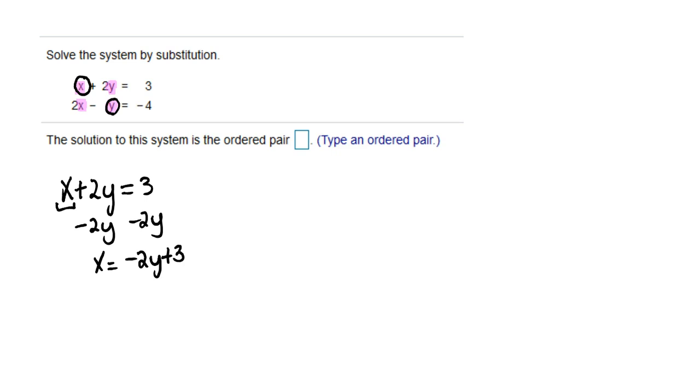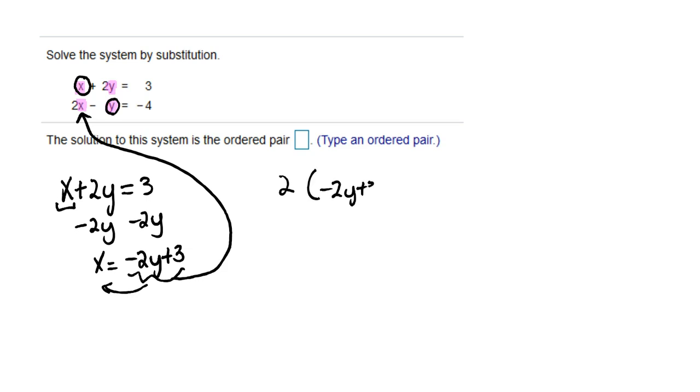Here's where the substitution comes in. This is equal to x, right? So I'm going to put this in for x in the other equation. So that gives me 2 times negative 2y plus 3 minus y equals negative 4. This now gives me an equation with only one variable in it. I can solve it with the distributive property.